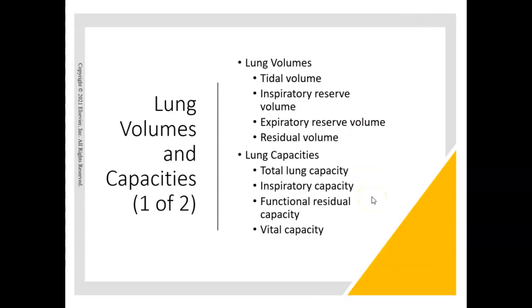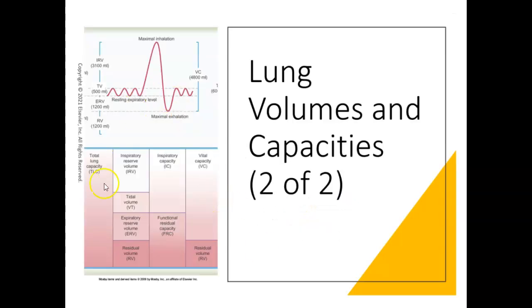And this is why I think it's just better, instead of trying to remember those formulas, to memorize this chart. Okay. So again, your tidal volume is kind of your resting volume. It's how much air you get in and out of your lungs in that typical breath. Your inspiratory reserve volume is your maximum inhalation, right?